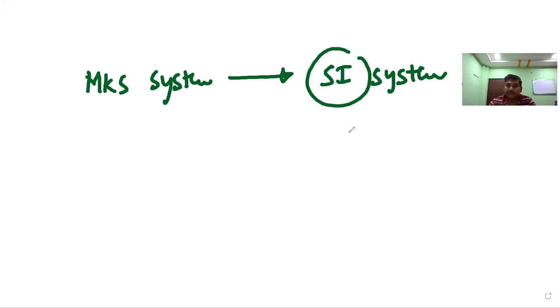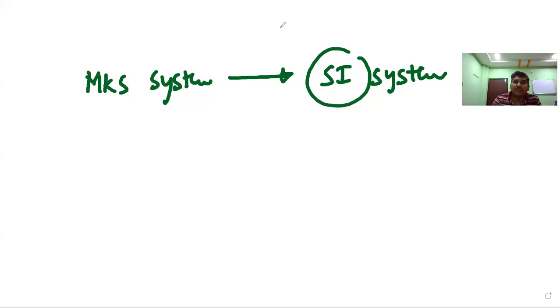That means, if you know MKS system, you can convert into the CGS system and vice versa. From the CGS, you can convert into the MKS system. And if you want to convert further MKS system into the SI, you can also do it as well.